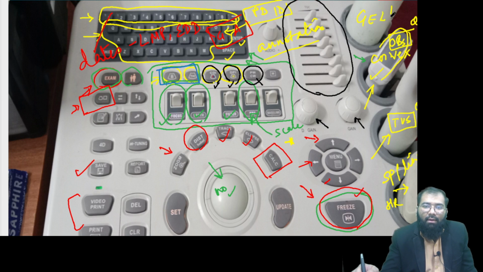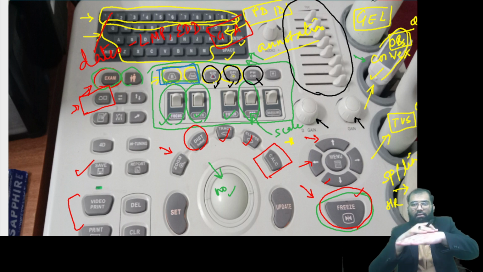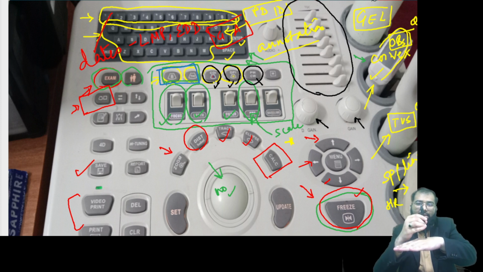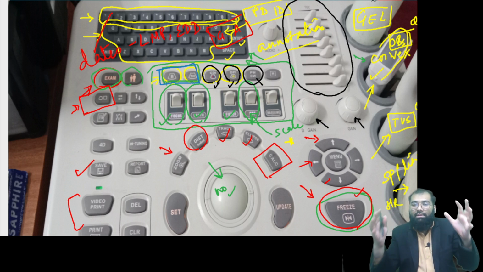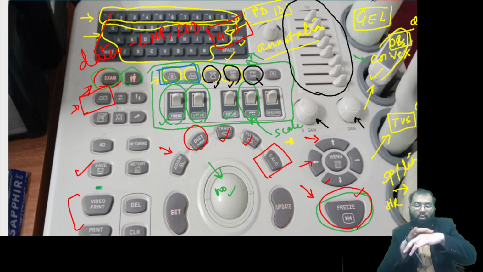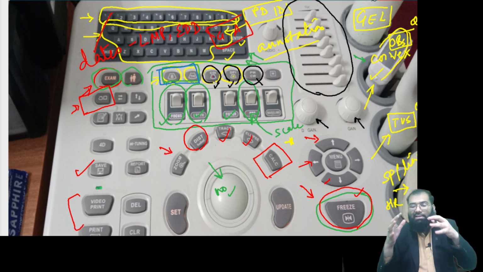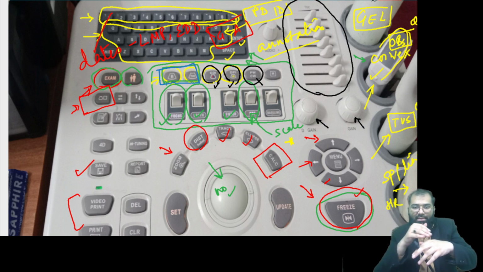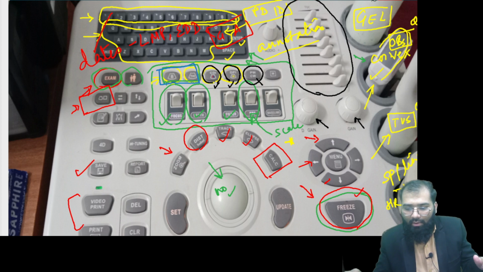This is gel. Okay. Gel is routinely applied to the surface over which the probe is kept. Why? Because if you put the probe directly, there will be an air interface between them, and as a result, the air will hinder the transmission of ultrasound. So to decrease the resistance for passage of ultrasound, we apply gel.